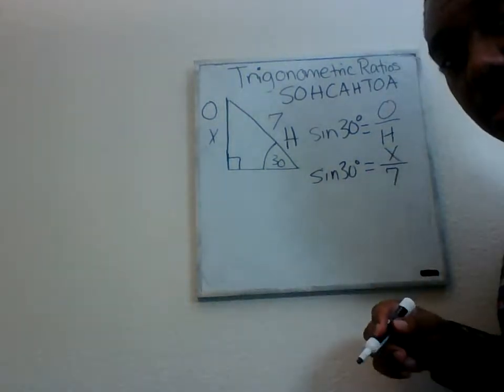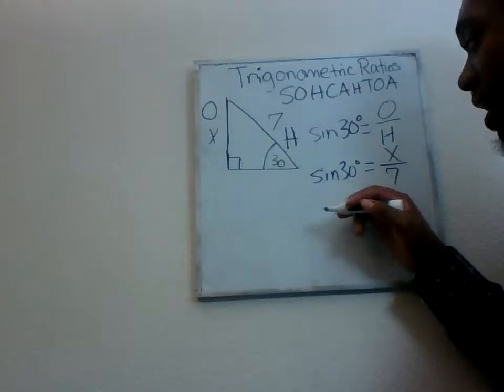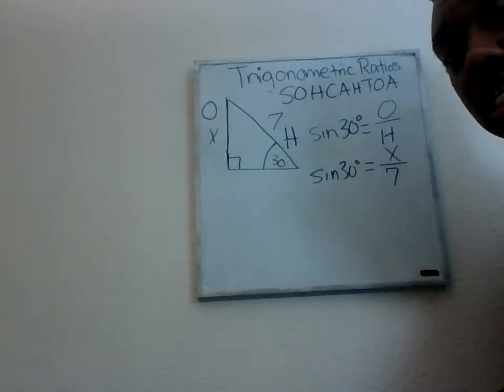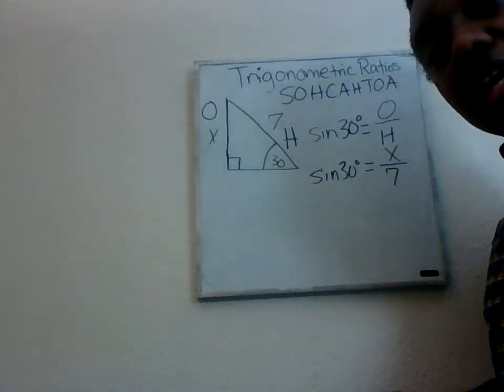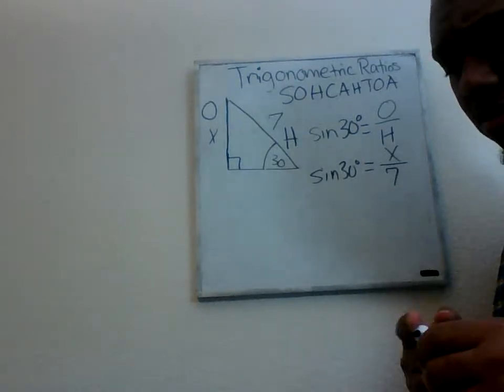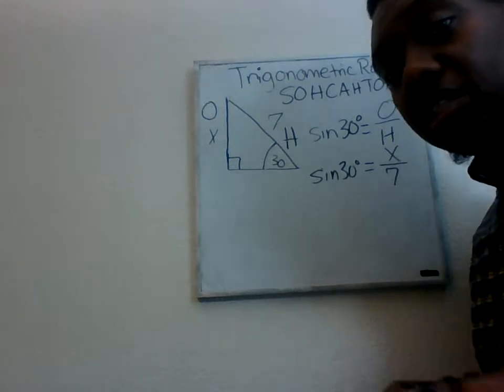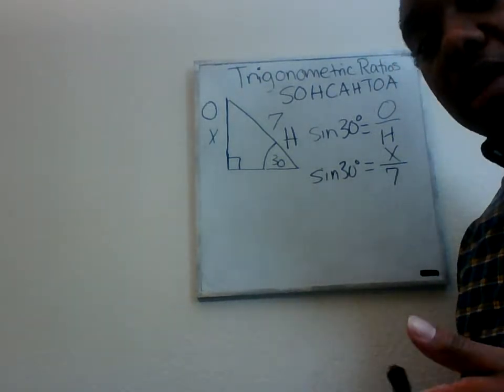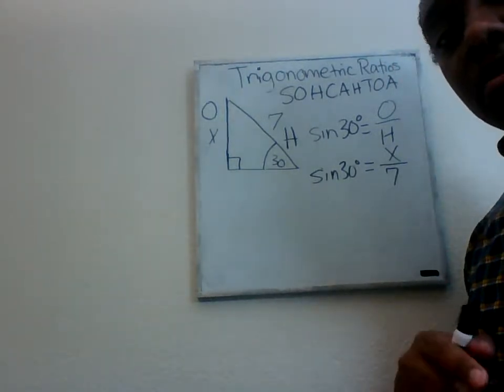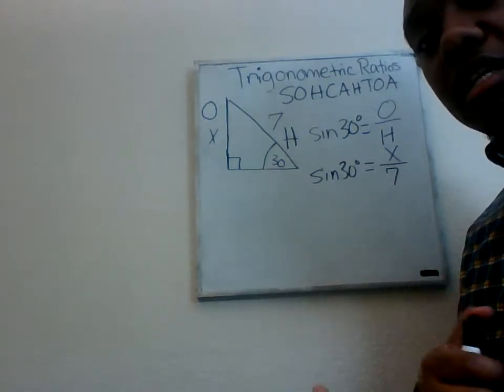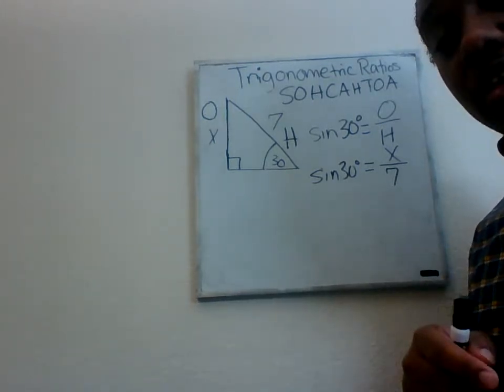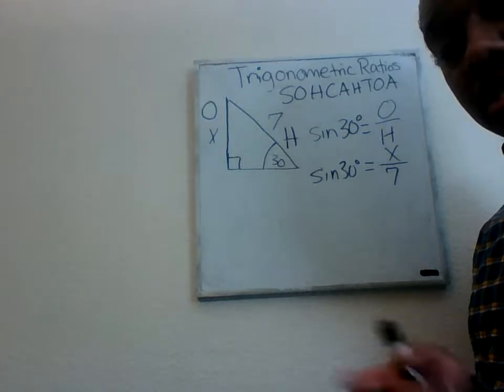So if I want to solve for that, first I have my proportion set up: sine of 30 degrees equals x over 7. Now, what many of you may be thinking is, I don't know what sine of 30 degrees is. That's okay. You can use a scientific calculator to figure this out. There are many different types that you could use. Sometimes you have to put in the 30 before you hit the sine button. Sometimes you put sine first, and then you enter 30, close parentheses, and hit enter.